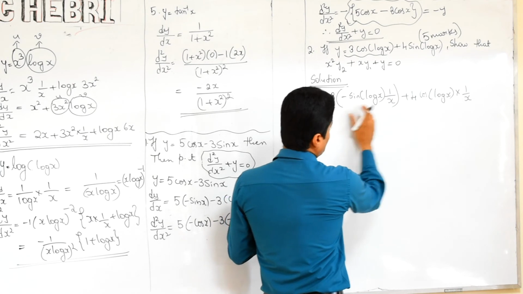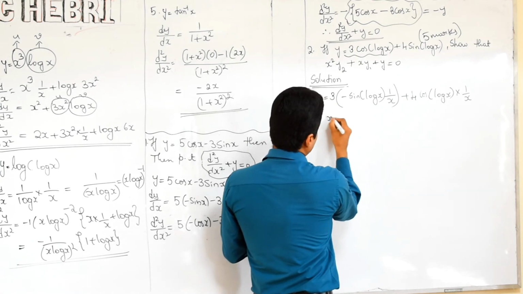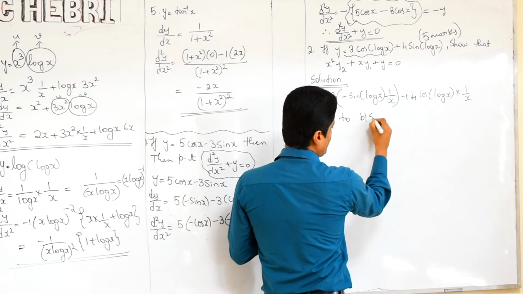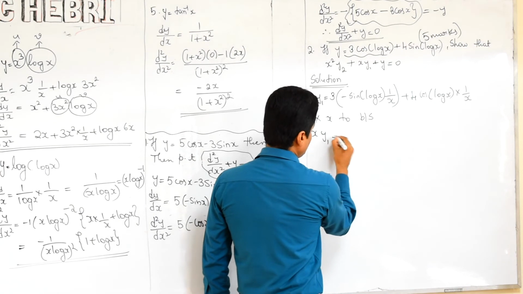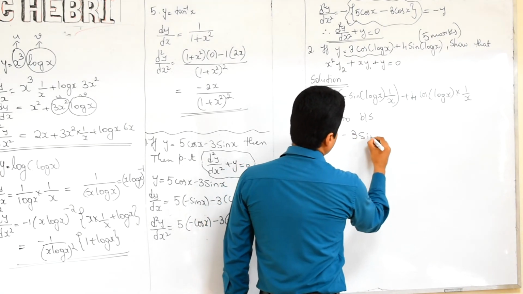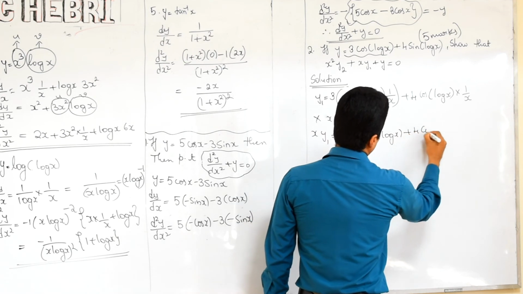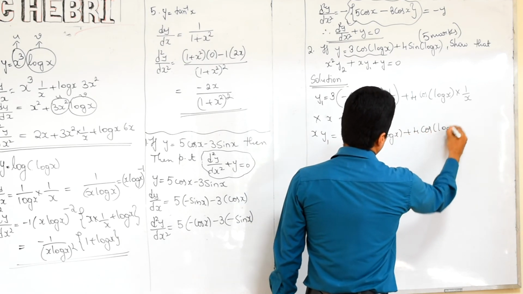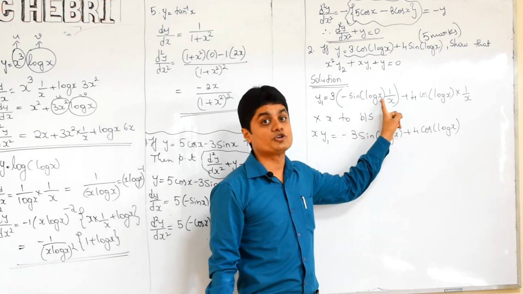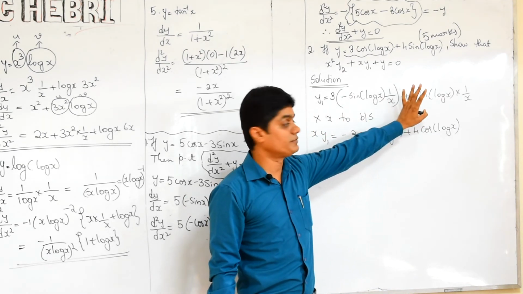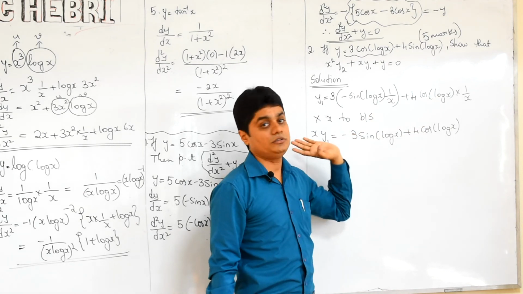In both terms we have x in the denominator, so multiply x to both sides. So you'll get xy1 equals minus 3 sin of log x plus 4 cos of log x. Correct? Don't differentiate again directly, because then you need the quotient rule and it becomes very complicated. So this step you must remember: multiply x on both sides.